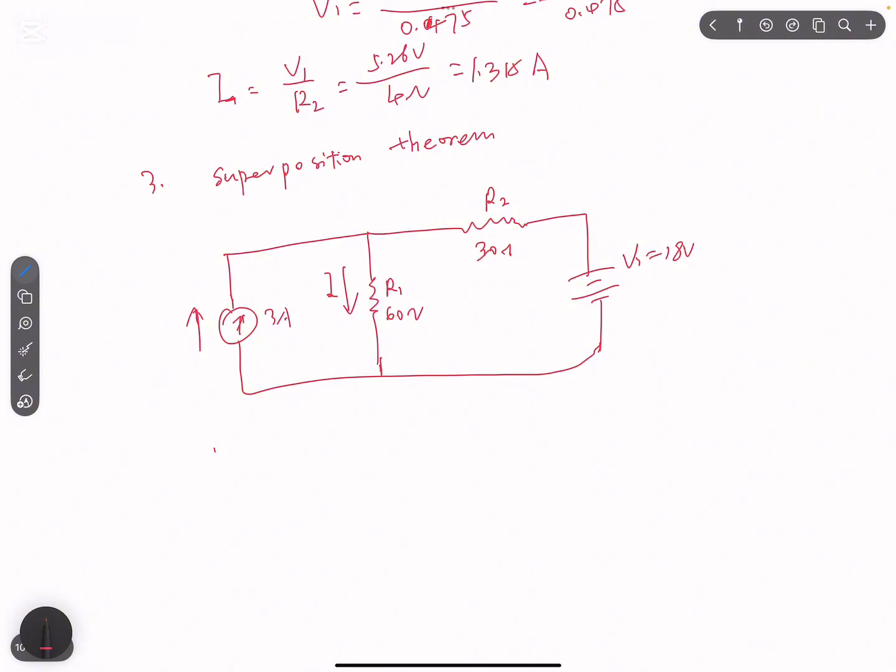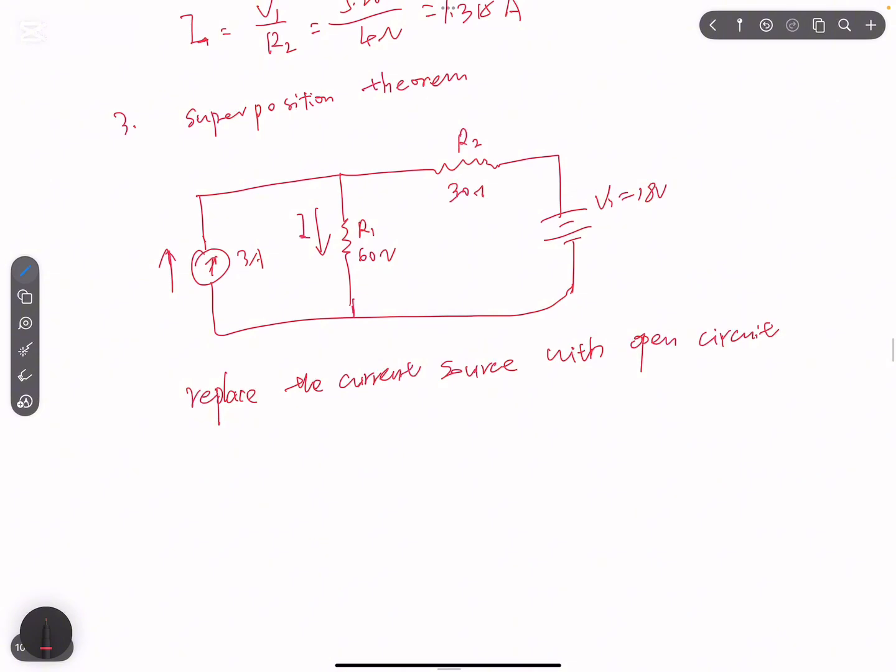So for the superposition theorem, we need to replace the current source with an open circuit. Basically we need to remove the current source, and we need to replace the voltage source with a short circuit.